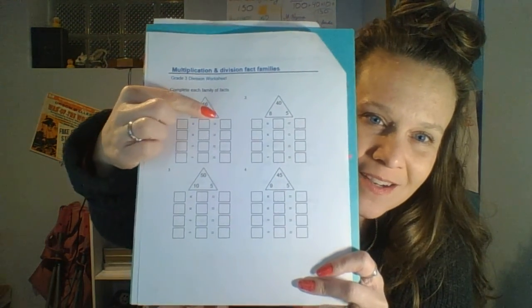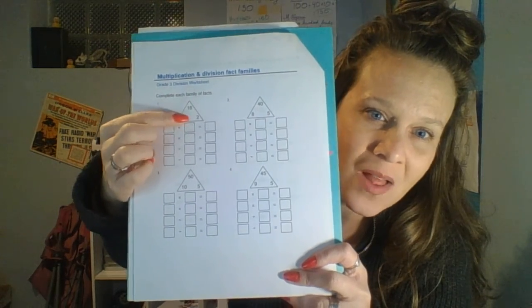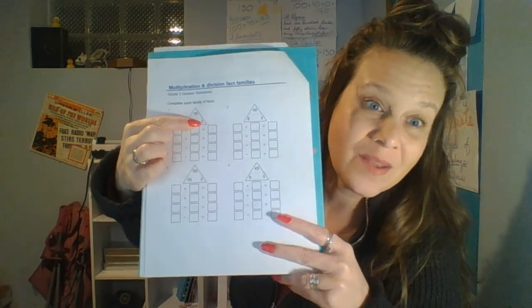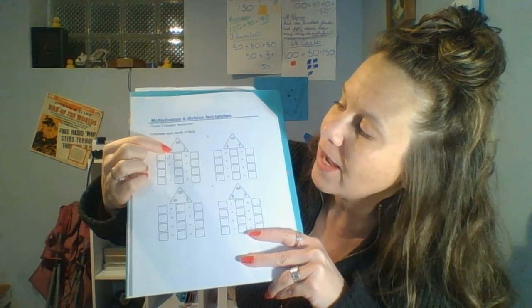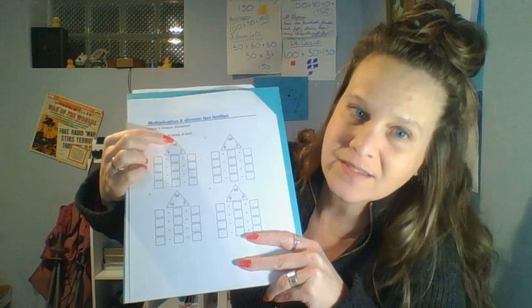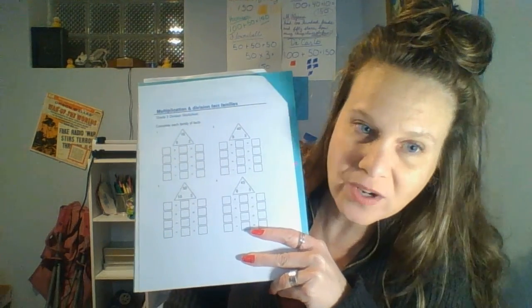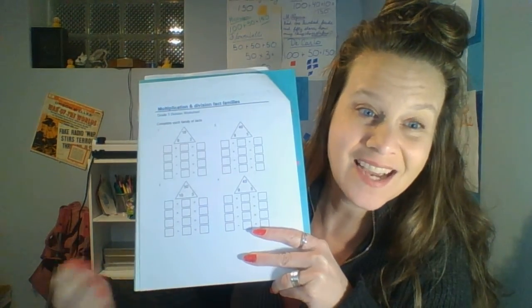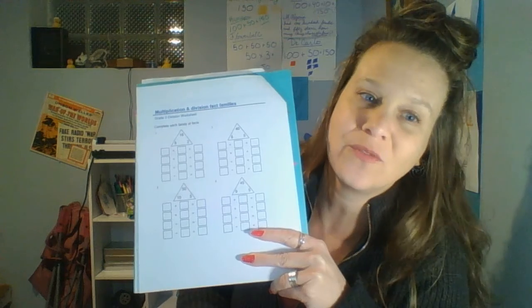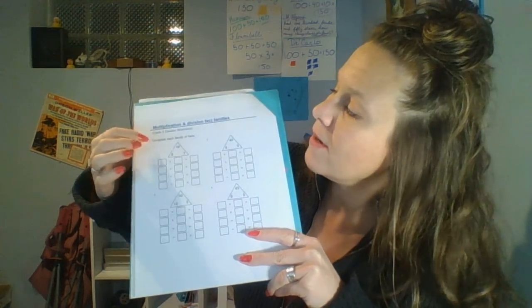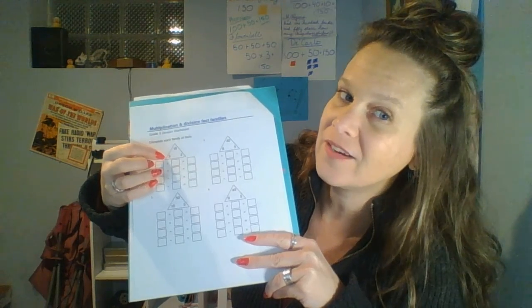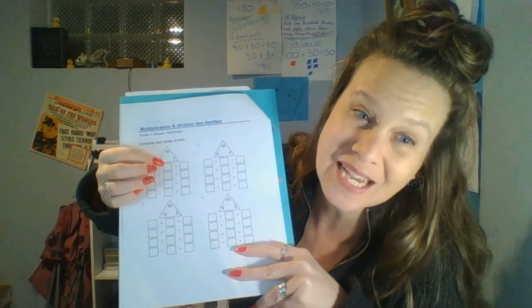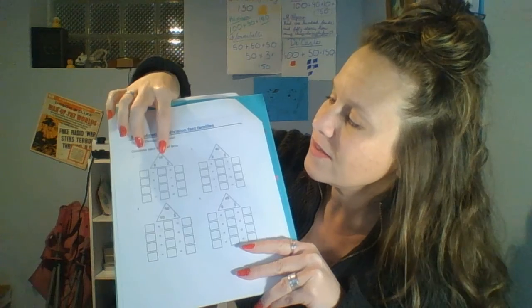When we are set up here in our triangles, the smaller numbers are what can be multiplied to make the larger number. So in this first family, 8 times 2 is going to be 16. And of course, if it goes one way, 8 times 2 equals 16, we can reverse those, the multiplier and the multiplicand there, and make it 2 times 8 equals 16.